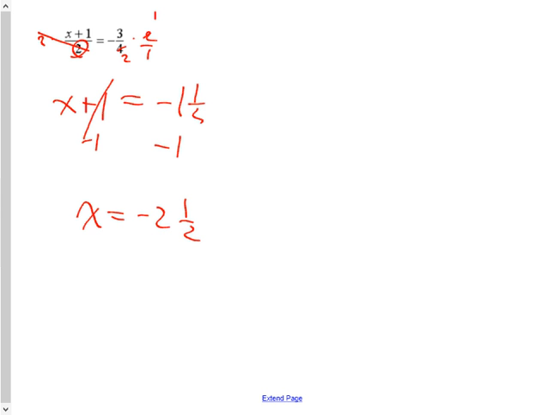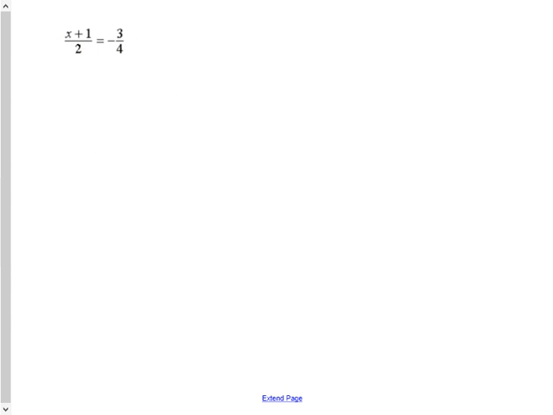So if you started off by multiplying both sides by 2, instead of having half of x plus 1, you have all of x plus 1. And you have to double both sides. Alternatively, if I multiplied this side by 4 and this side by 4, and I cross-reduced, I get two groups of x plus 1.